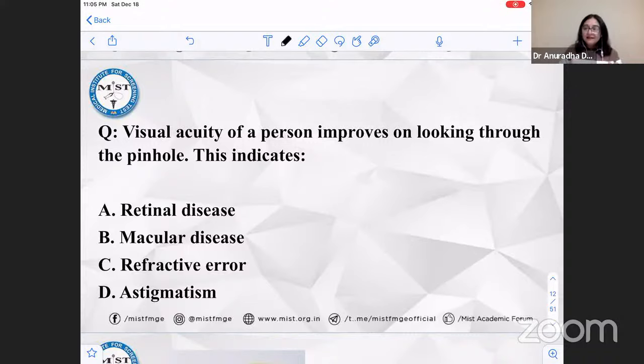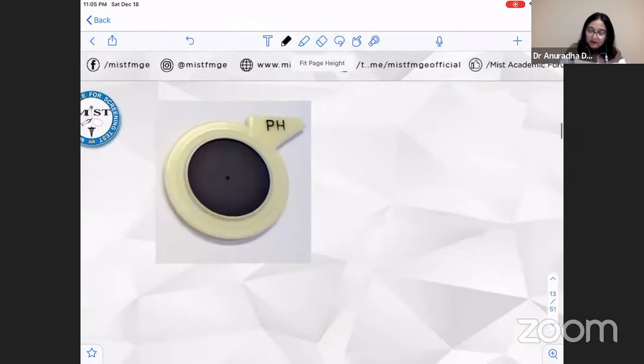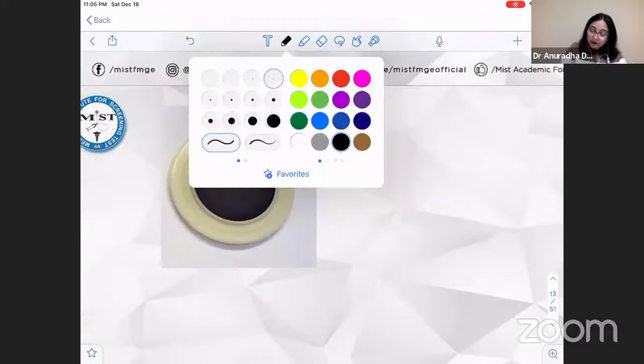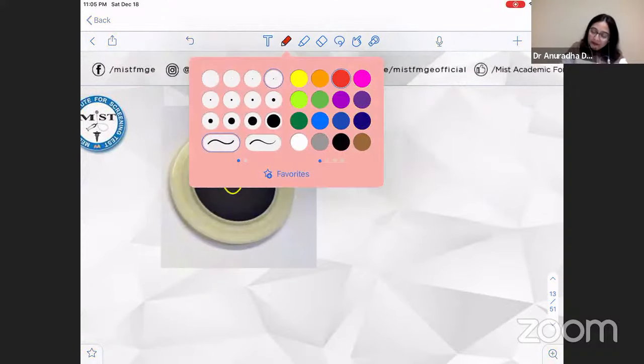So before answering this question, let me take you through how the pinhole looks. So this is your pinhole. Why is it called a pinhole? Because it's like an occluder that occludes the rest of the eye so that the person can see only through this small central opening, which is about 1 millimeter in size.